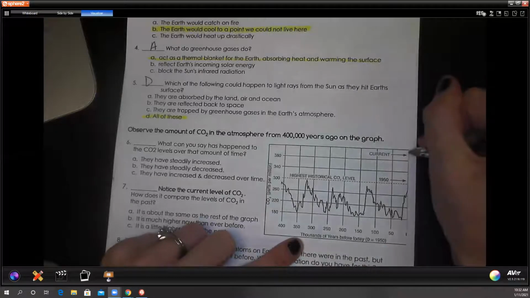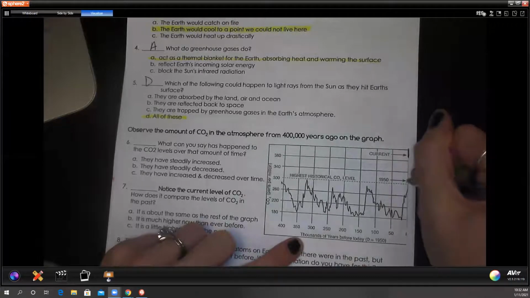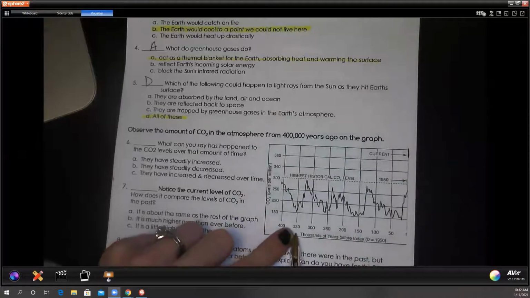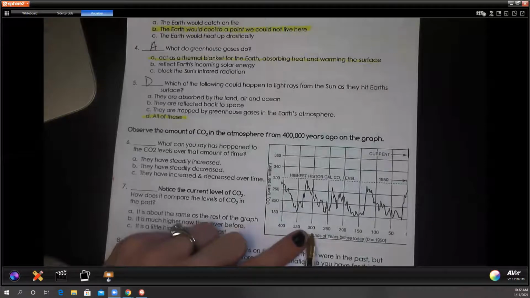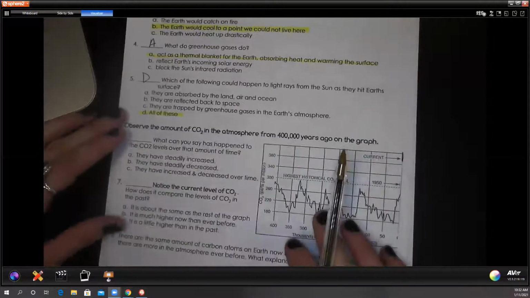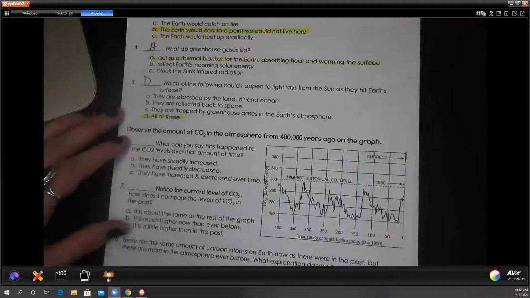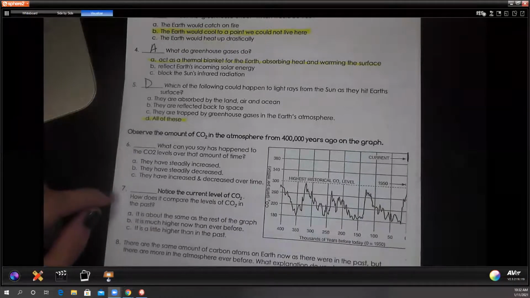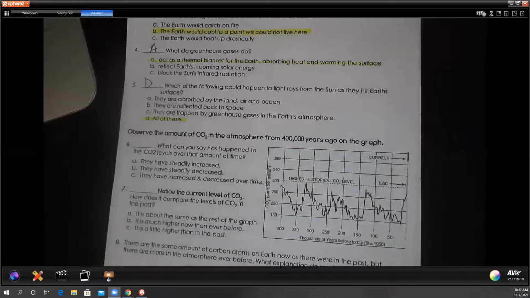So this line right here is current. And then the 1950s is just about right here. So this is 400,000 years ago, 350,000 years ago, 300,000 years ago. Does everybody understand what that graph is showing? Okay. So it says, what can you say has happened to the carbon dioxide levels over that amount of time? What do we think has happened, Mazzy?